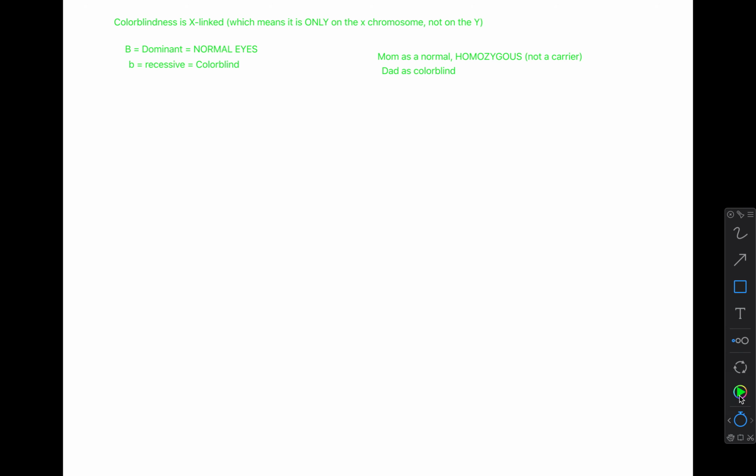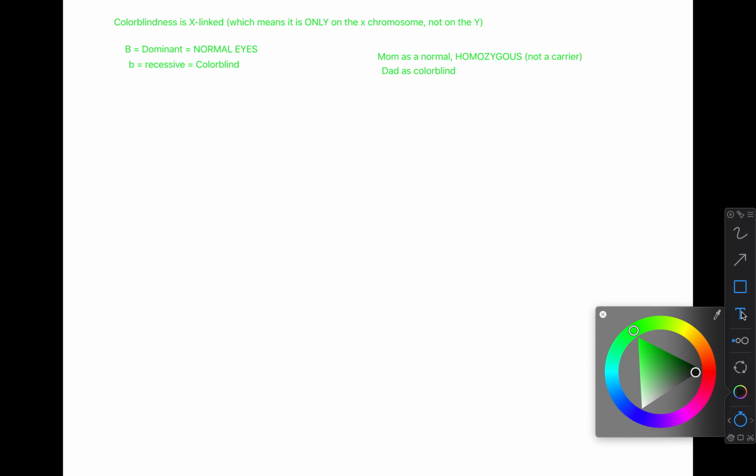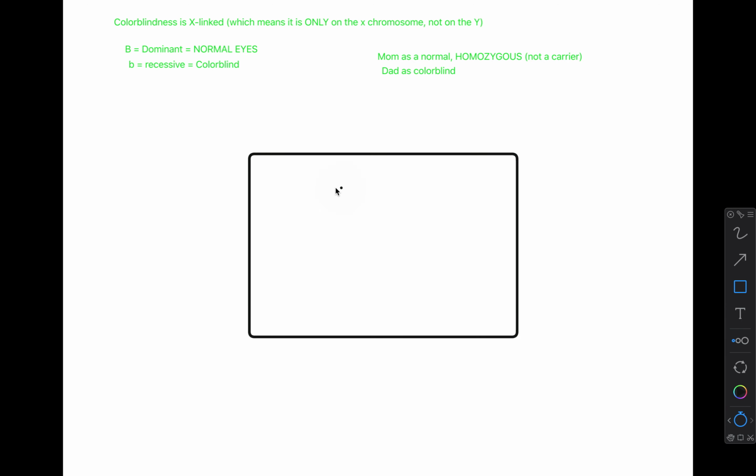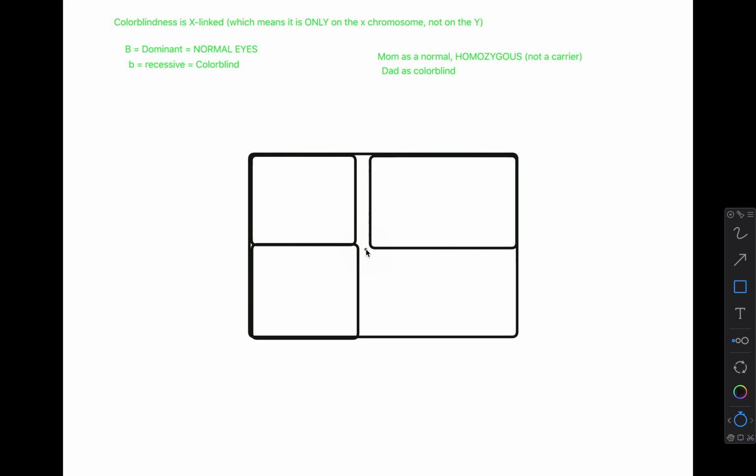So let me change the color to black. And we're gonna make a little table. This is my little Punnett square. Sorry, it's taking a little bit longer. Okay, and so then we're gonna write in.